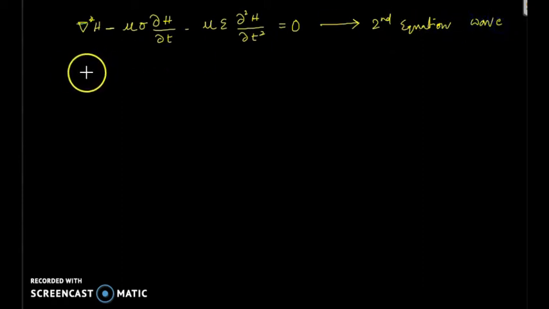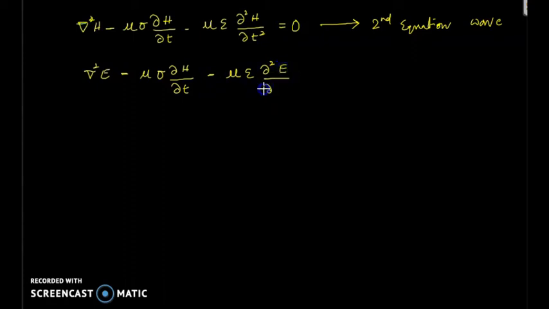The first wave equation was del square E minus mu sigma dou E by dou t minus mu epsilon dou square E by dou t square. Sorry, here is E. This is the first wave equation.